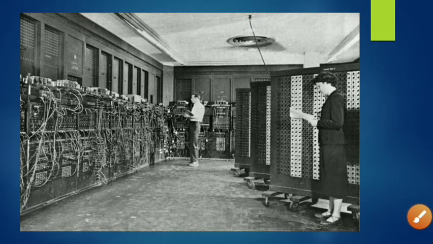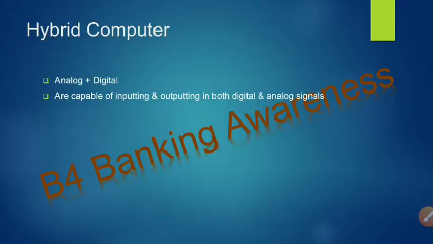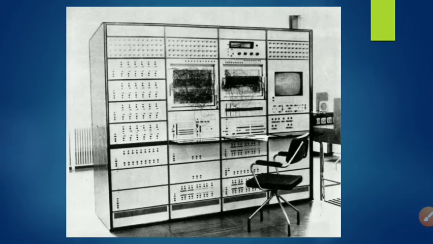Here is a picture of an analog computer. Then hybrid computers. It is a combination of analog computer and digital computer. Hybrid computers are capable of inputting and outputting in both digital and analog signals. Here is an example of a hybrid computer.